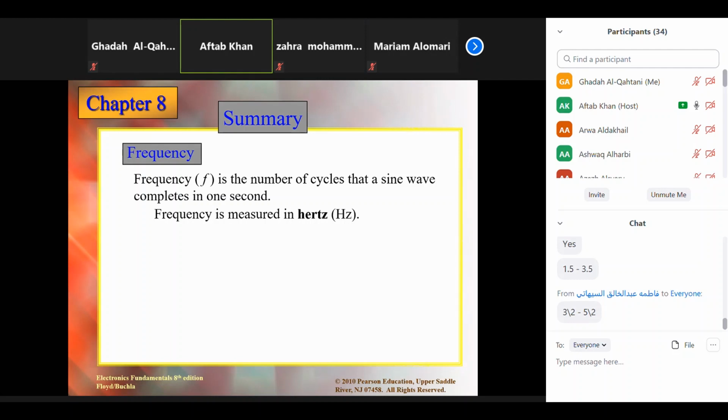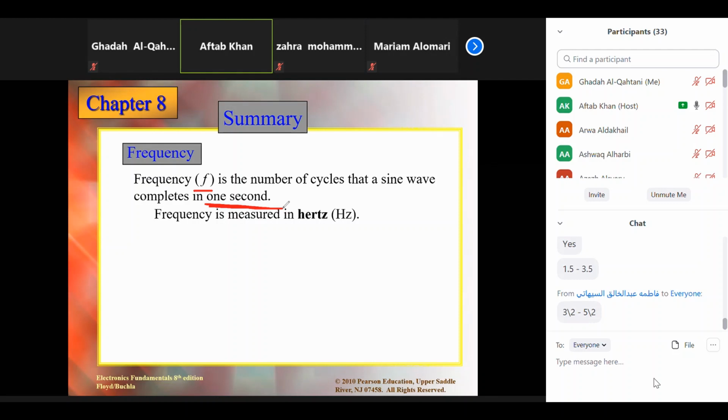Frequency is denoted by the letter F and is the number of cycles that a sine wave completes in 1 second. How many cycles a sine wave will complete in a second, we will say that is the frequency of the sine wave.